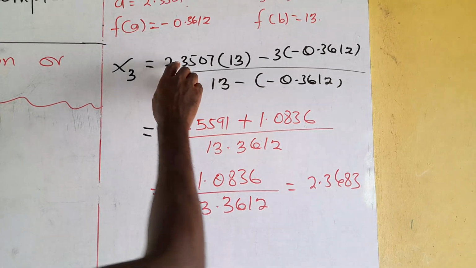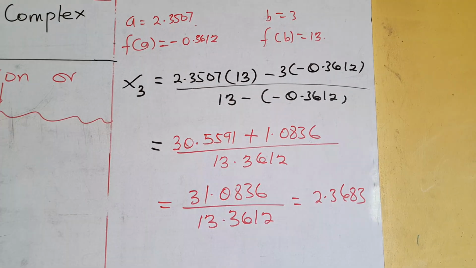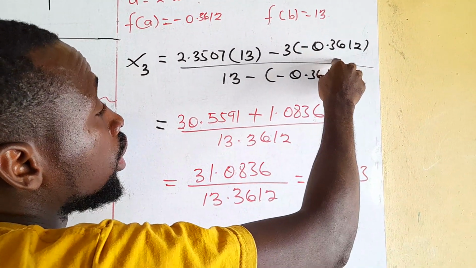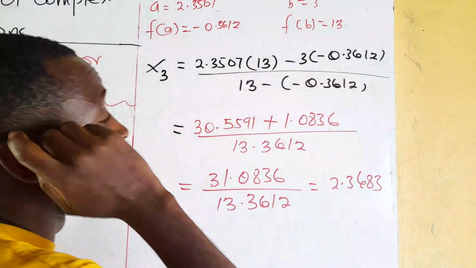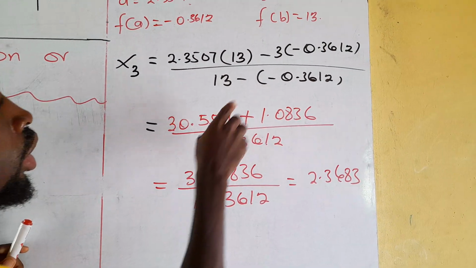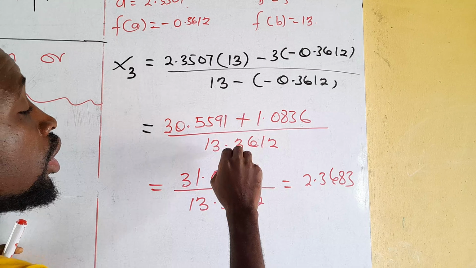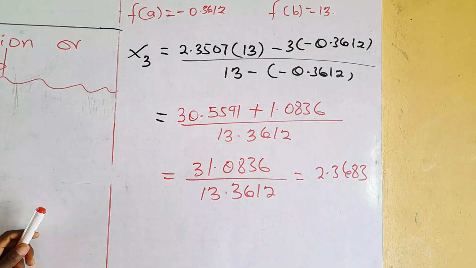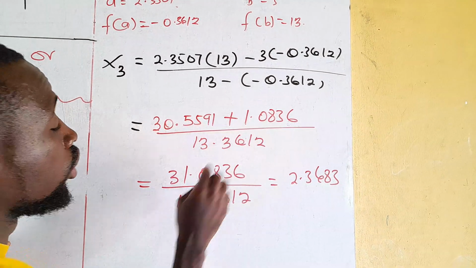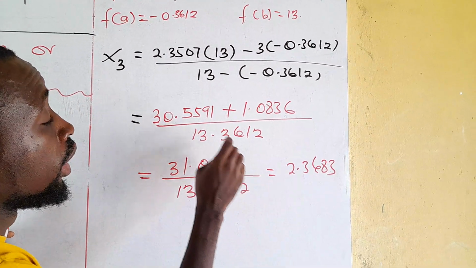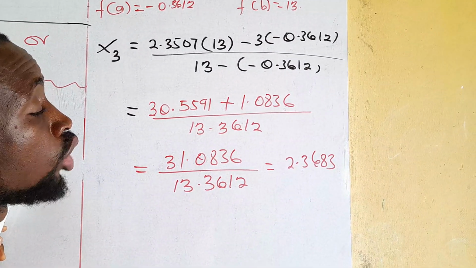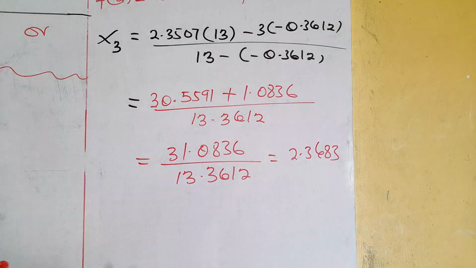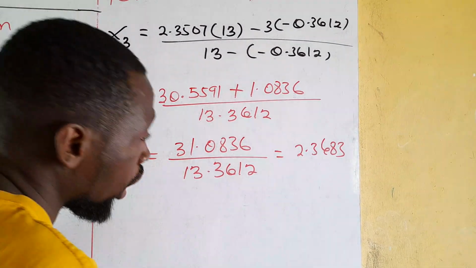So when 30 multiplies 2.3507, we'll get 70.521, and this will give us plus 3 times 0.3612, which will be 1.0836. Then 30 plus 0.3612 will give us 30.3612. Then when we add this to this, we'll get 71.6046 divided by 30.3612, and that will give us 2.3584. Remember the question says up to the third approximation, so we are done here.